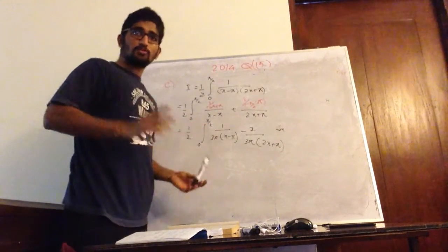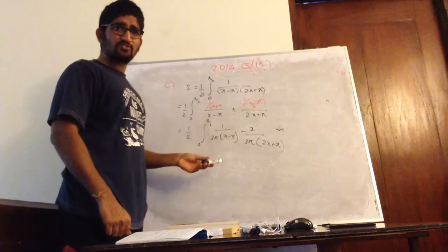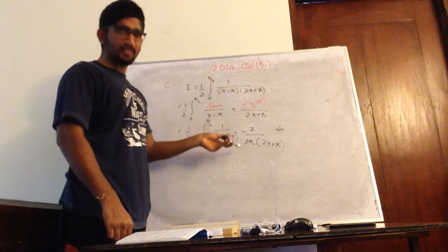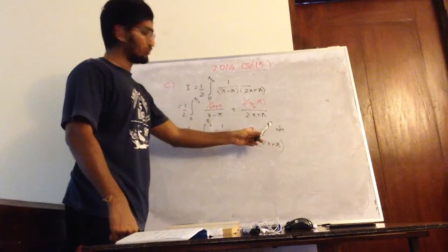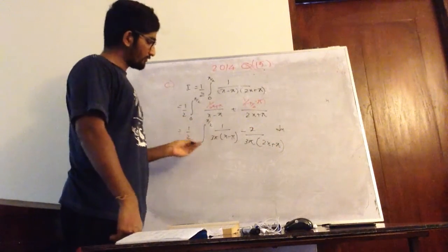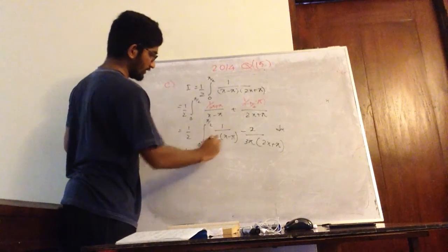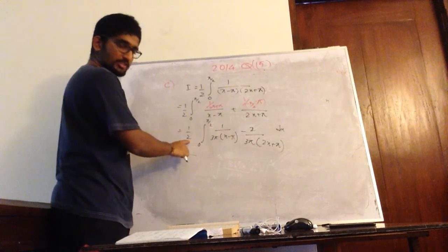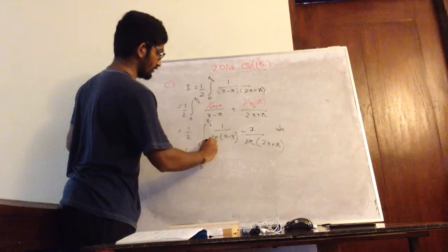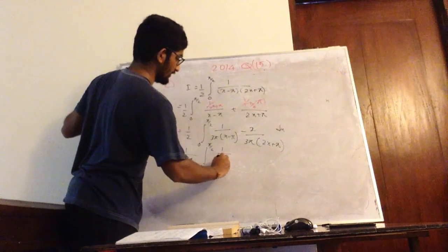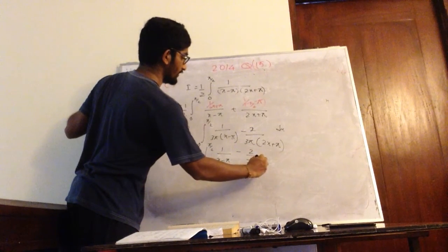Now we know that if you differentiate x minus 5, it is going to be 1, so that is here. If you differentiate 2x plus 5, it is 2, so 2 is also here. So actually I am going to take 1 over 15 out. If you take that out and multiply by 2, that is going to be 1 over 15 times the integral from 0 to 5 over 2 of 1 over x minus 5 minus 2 over 2x plus 5.